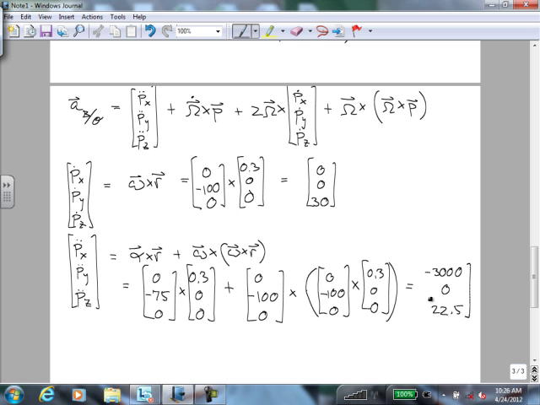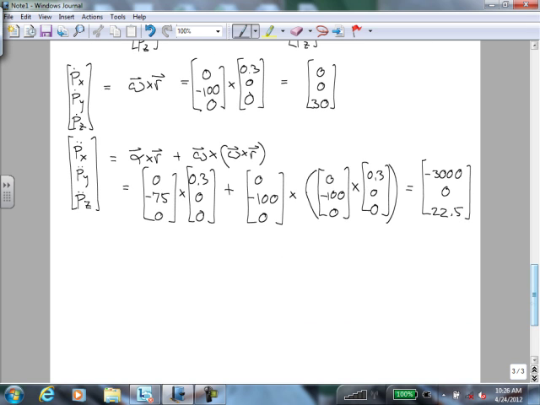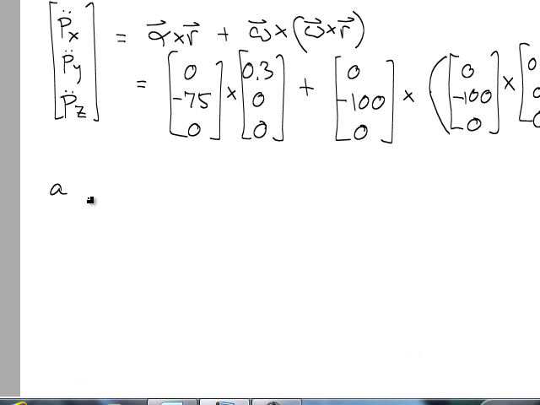And so plug this into that full equation for kinematics in a rotating coordinate system. The acceleration of p relative to the origin is negative 3,000, 0, 22.5, plus big omega dot cross R. What's big omega dot?